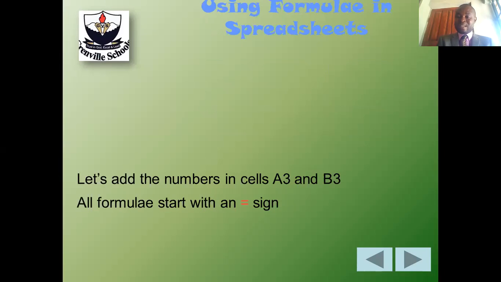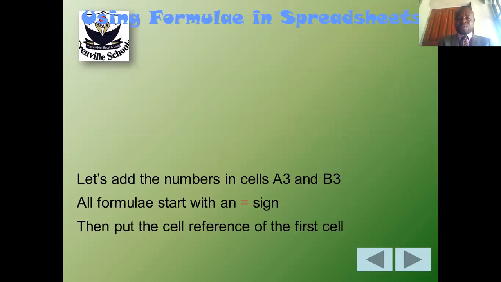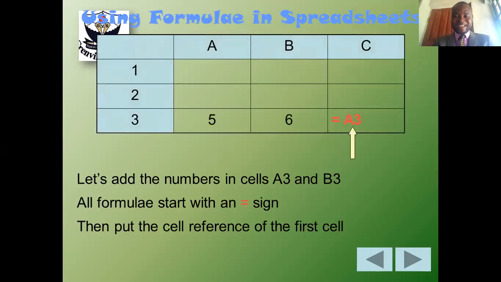So anytime you want to create a formula in a spreadsheet file, you must first type in the equal sign to indicate that what you are creating is a formula. So in cell C3, we have our equal sign, followed by the first cell reference, which is A3. That is because we want to add the content of cell A3, which is 5, to the content of cell B3, which is 6.